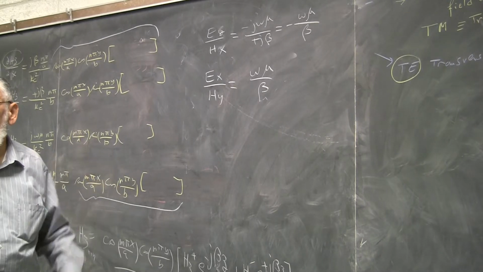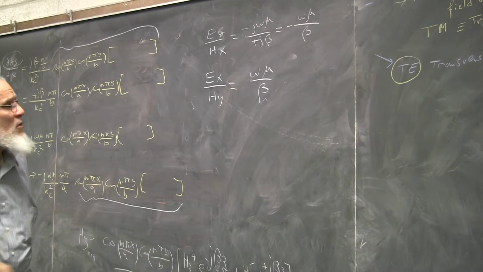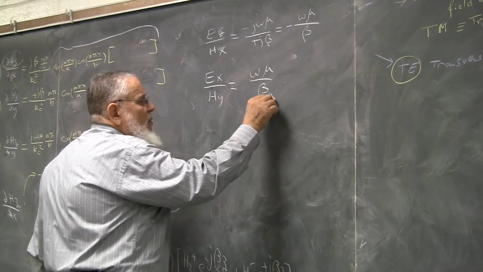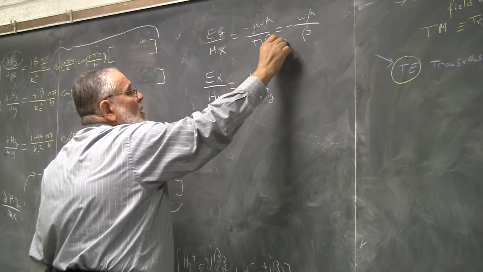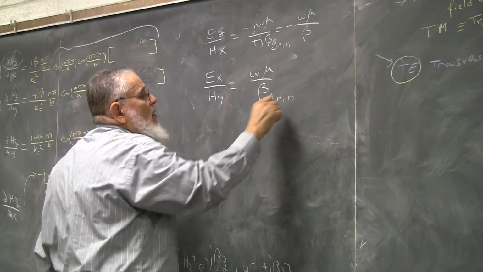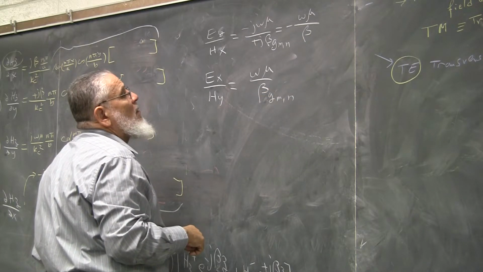It doesn't give you the pure intrinsic impedance because that's beta inside the guide, remember? And that's beta inside the guide, and it has an M and N in it, right?